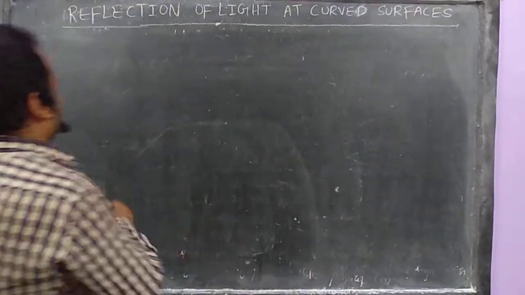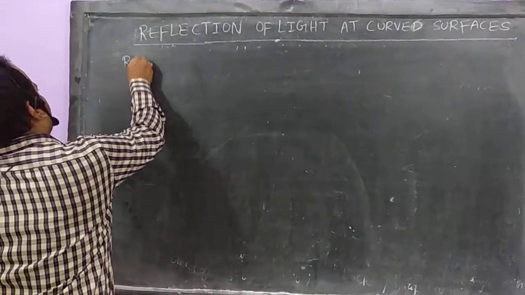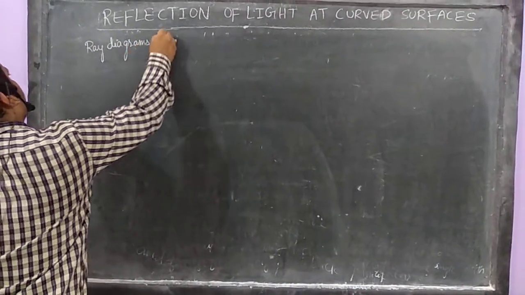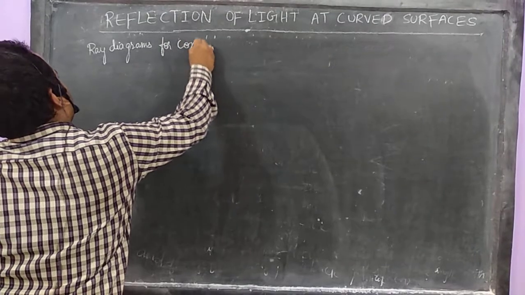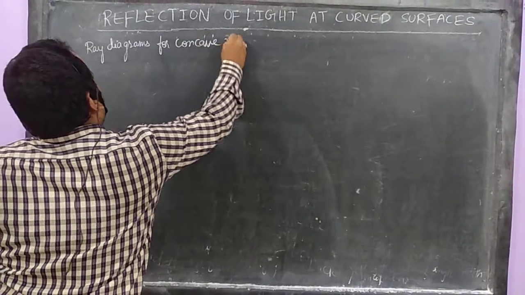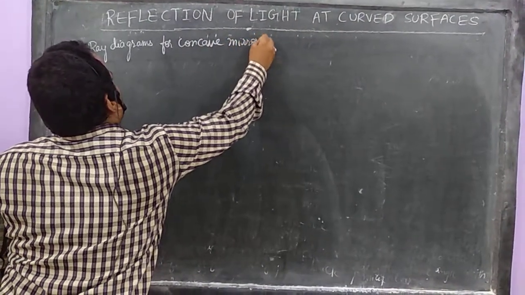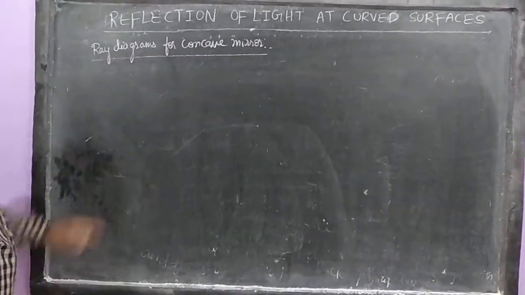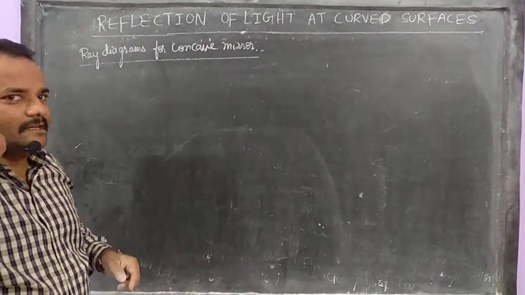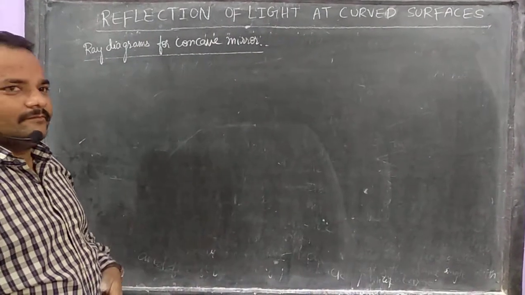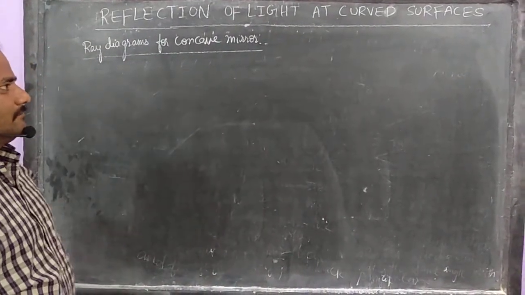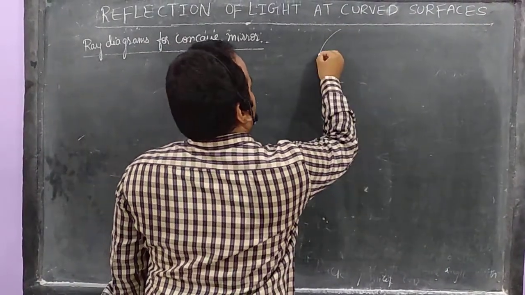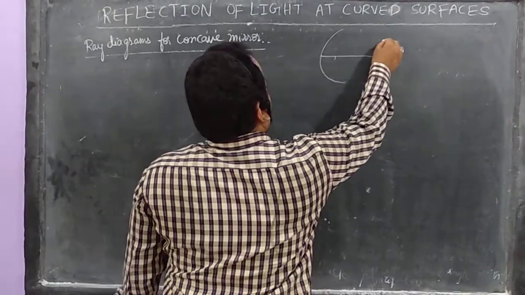Let us discuss ray diagrams for concave mirror. With the help of the rules, we can draw the ray diagrams. Remember the rules. Write down your rules on the side so you can understand easily.